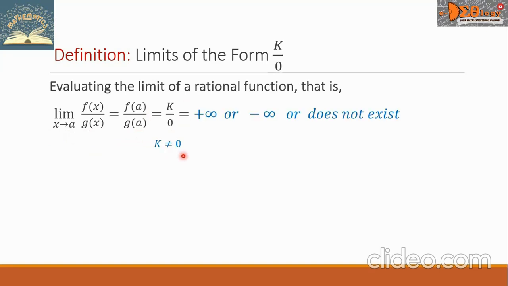In this case, there are three possible answers. First, positive infinity. Second, negative infinity. Third, does not exist. In order for us to know which of the three is the answer, we need to verify by 3 steps.